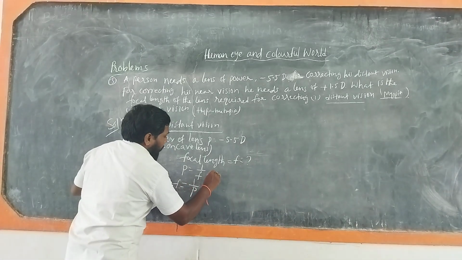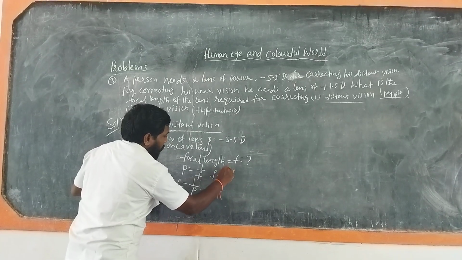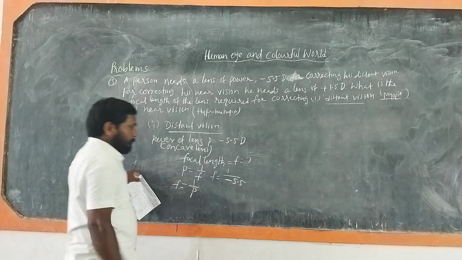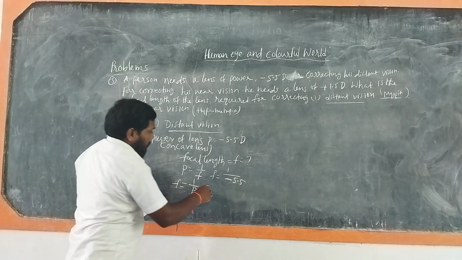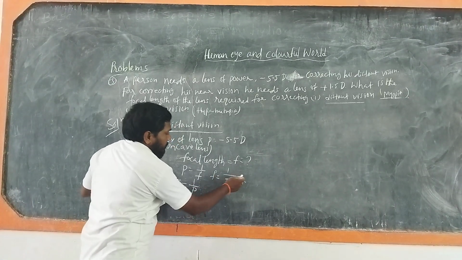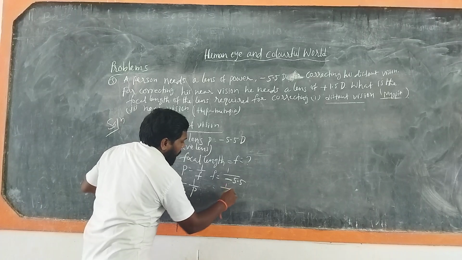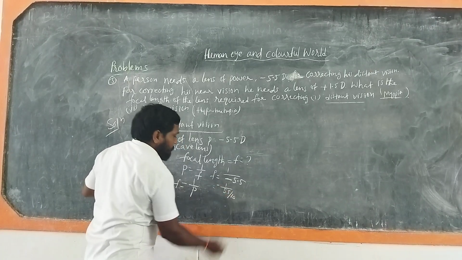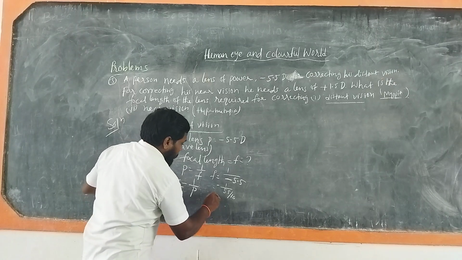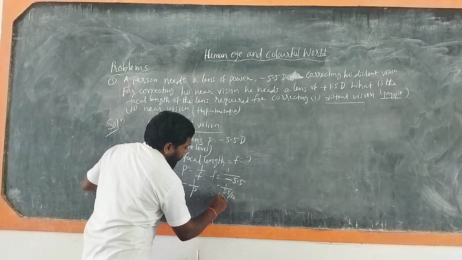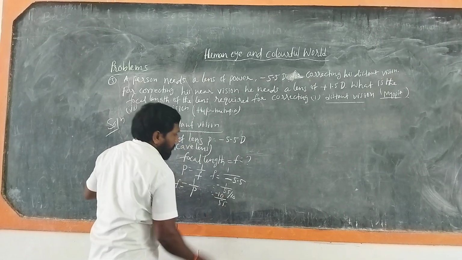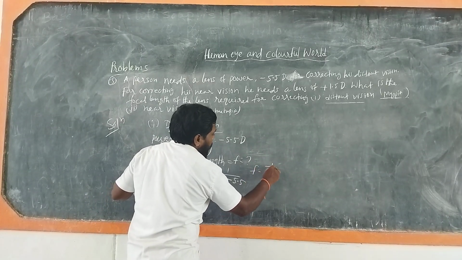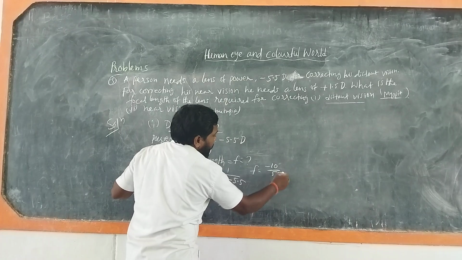Substitute the values. F is equal to 1 by minus 5.5. Minus 5.5 can be written as minus 55 by 10, so this becomes 10 by 55. So focal length F is equal to minus 10 by 55.